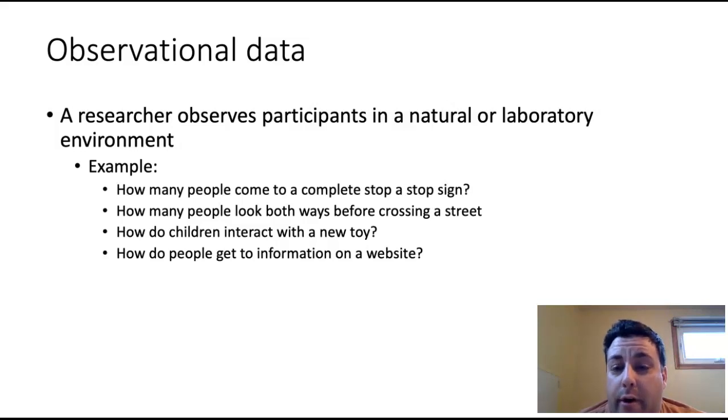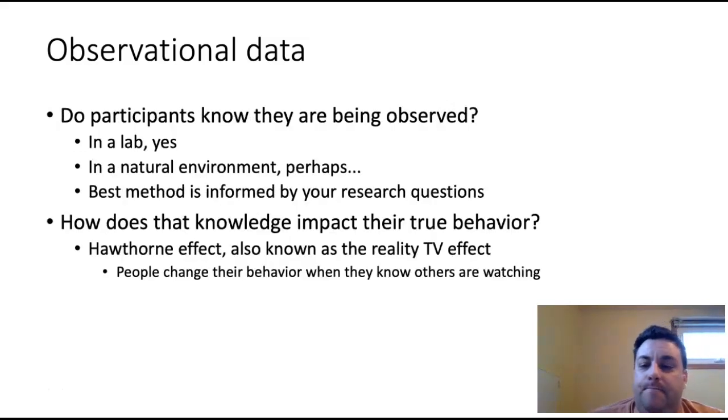In a laboratory environment, you might bring in children to see how they interact with a new toy. For example, you might see how people navigate a website. How do they look for information? How do they get to a specific point on that website? There are literally thousands and thousands of questions you could ask with observational kinds of data.